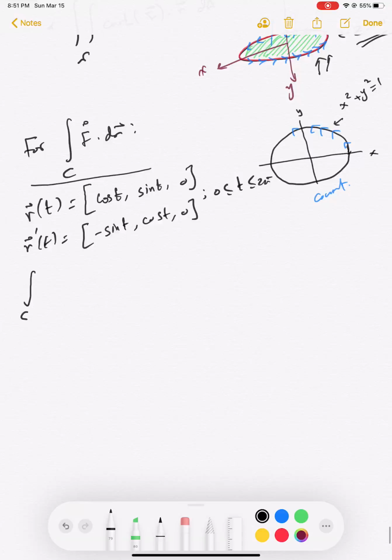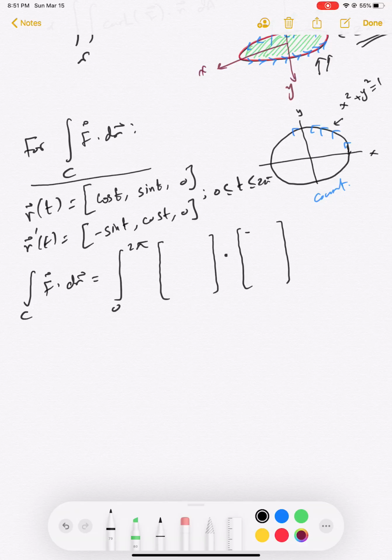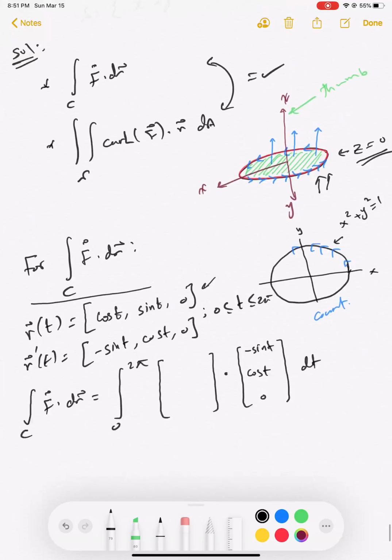So now when you compute the integral, we have standard computations from 0 to 2 pi. F, so you take the parameterization, plug it into f, dot r prime is this, dt, and you take the r, plug it into your f.